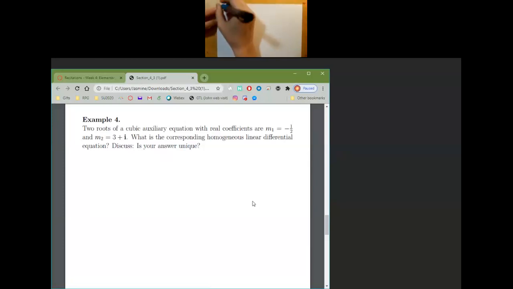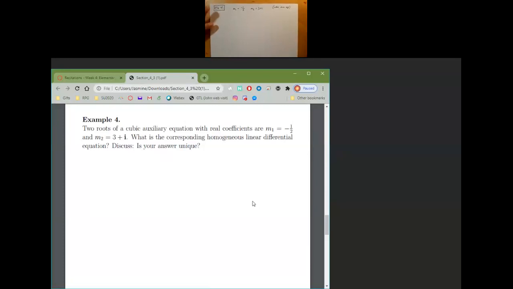So, example 4. We have m1 equal to -1/2. We have m2 equal to 3 plus i. This is a cubic auxiliary equation.